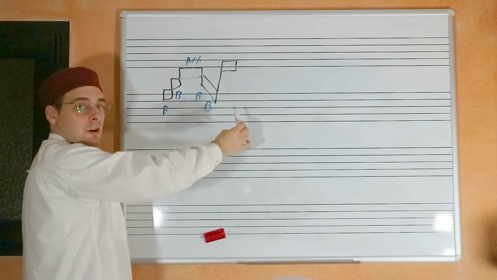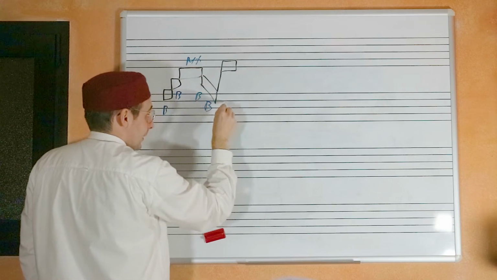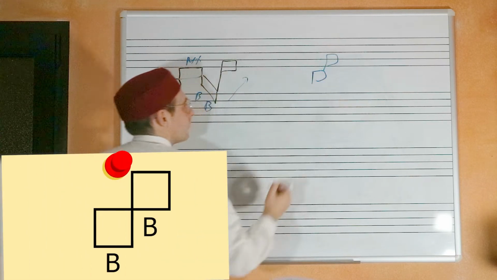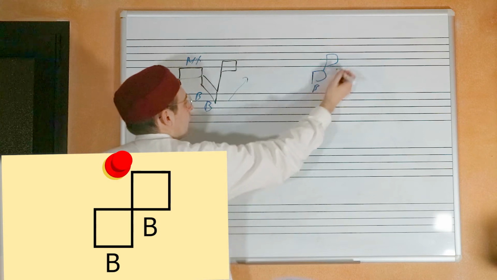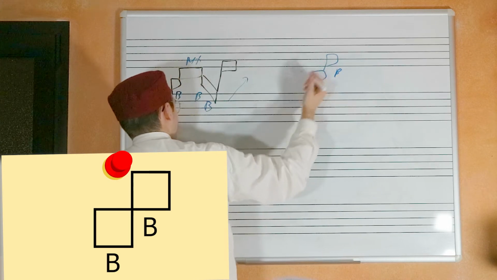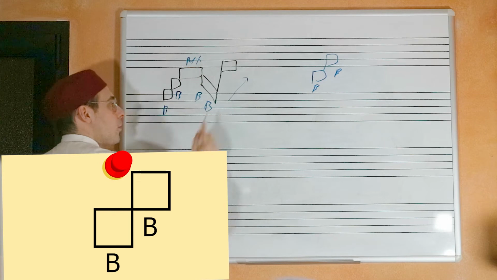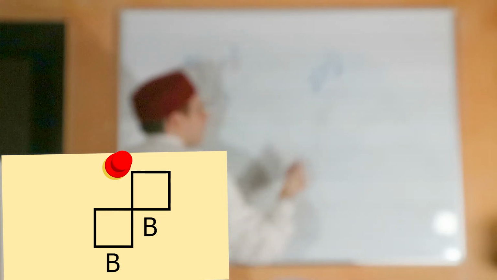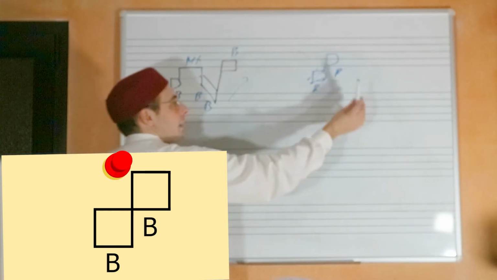And how is this note? Simple. This is an ascending note, so I have to consider this case in which I have brevis, brevis, two ascending notes are brevis, brevis, so this is a brevis. Remember that it is not important how the first note is. I have only to consider the last one.